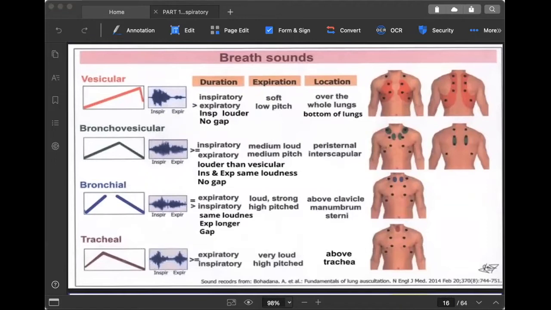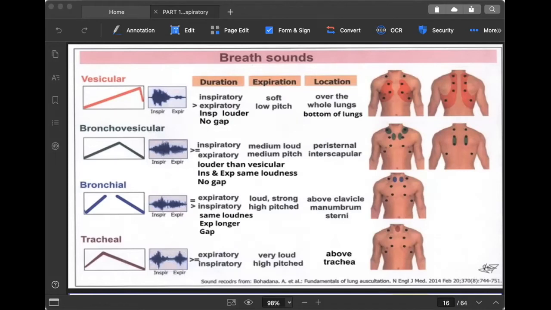Now, vesicular sounds are usually soft, blowing, or rustling sounds that are normally heard throughout most of the lung field. While bronchovesicular, from the term itself, broncho from the bronchial area and vesicular from the vesicular area, is present over the large airways in the anterior part of the chest near the second and third intercostal spaces.